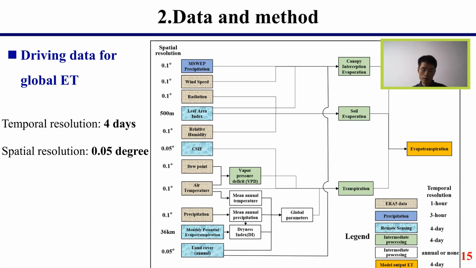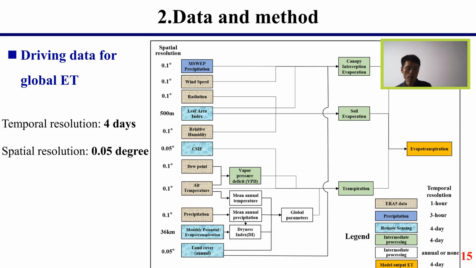After that, we evaluated the model at the FluxNet sites. Then we tried to push this model to the global scale. Here are all the driving variables from different sources with contrasting spatial and temporal resolutions.